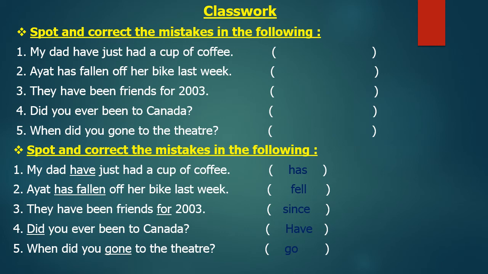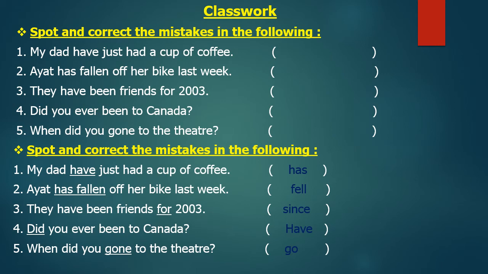So I have to underline the words has fallen and write fell off her bike last week. Or I can change the words last week itself. So the answer will be Ayat has fallen off her bike already.